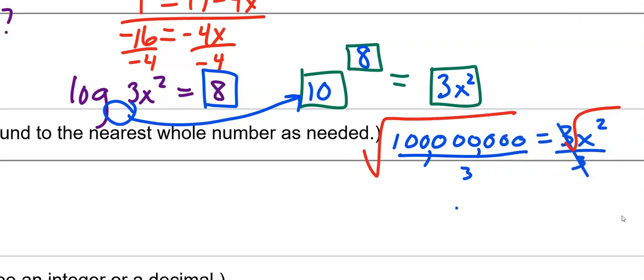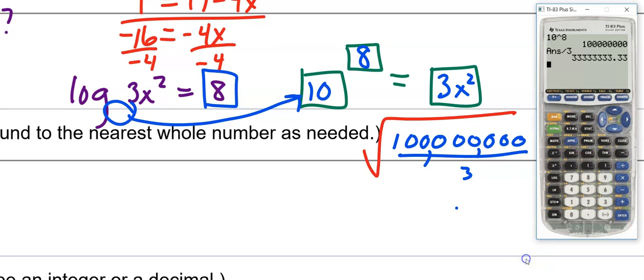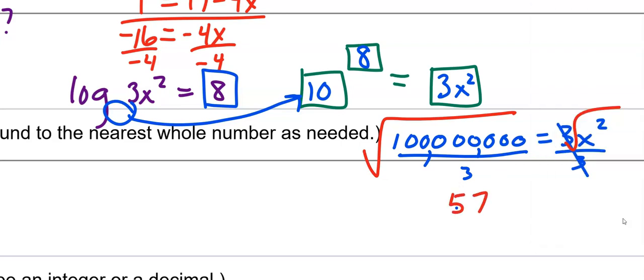So, if I pull that calculator up on screen again, I can take the square root of the answer. And I end up with my final answer here of 5,773.5, approximately.